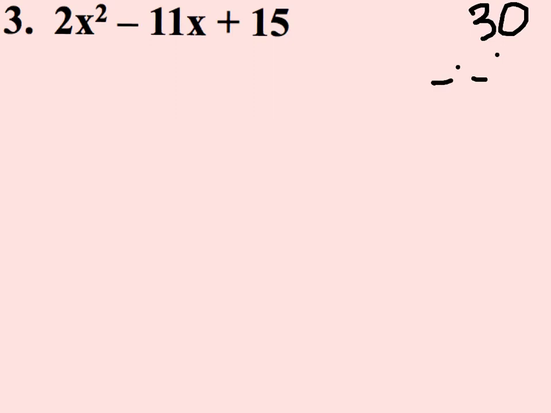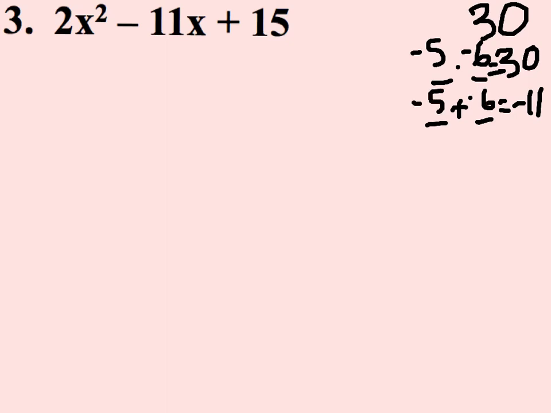What numbers multiply to give me 30, but add to give me negative 11, my b term? I'm thinking it's going to be negative 5 times negative 6, which gives me positive 30, but when I add them, negative 5 plus negative 6, I get negative 11.